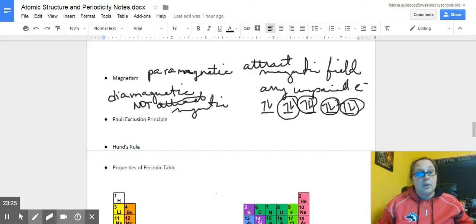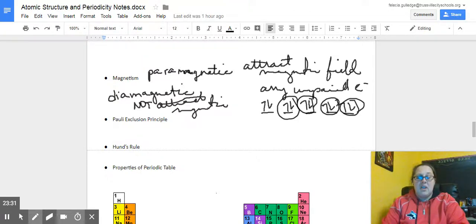You guys don't know what quantum numbers are. I'm not going to teach it because it's unnecessary in my opinion. But the Pauli exclusion principle says that no two electrons in an atom can have the same set of 4 quantum numbers. For the Pauli exclusion principle, you just need to know the definition, and that's it.